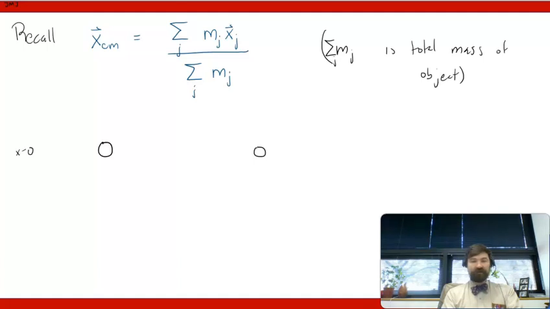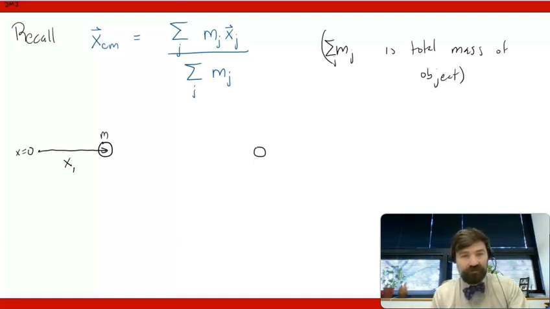So this would be x equals 0 at this location, and this right here would represent x1, and this would represent mass 1, and then this distance from that same location all the way over to here would represent x2, and this would represent m2.